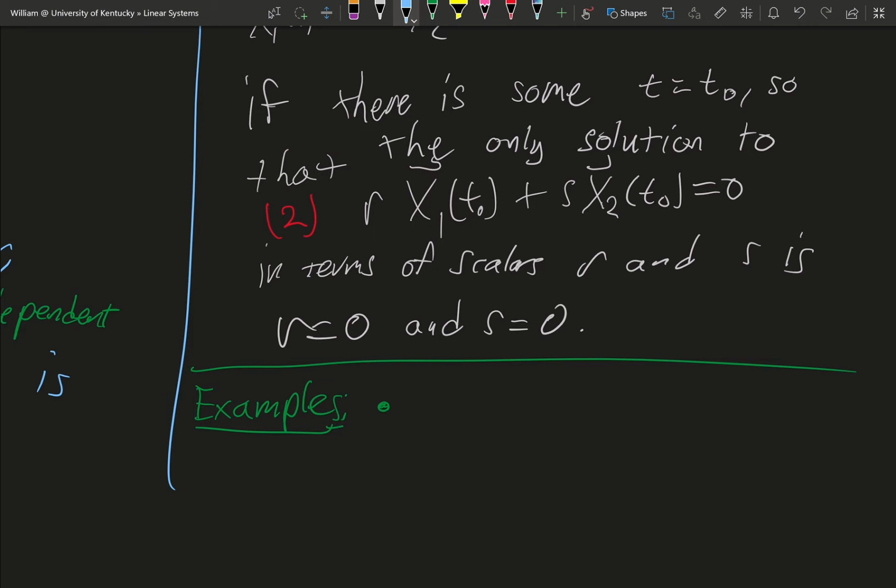First, we should note that e to the t times (1, 2) and e to the t times (2, 4) are not linearly independent.